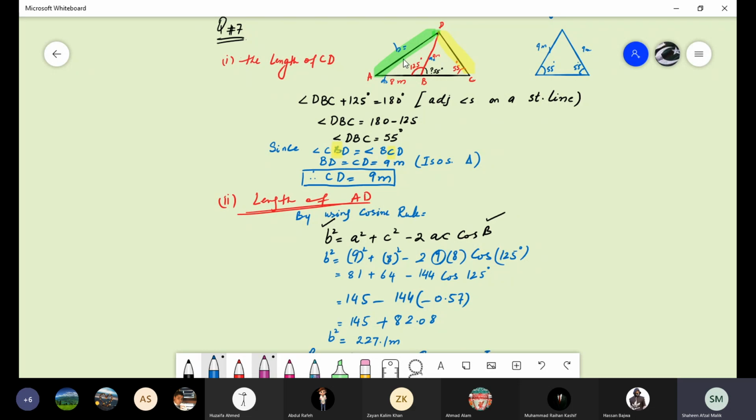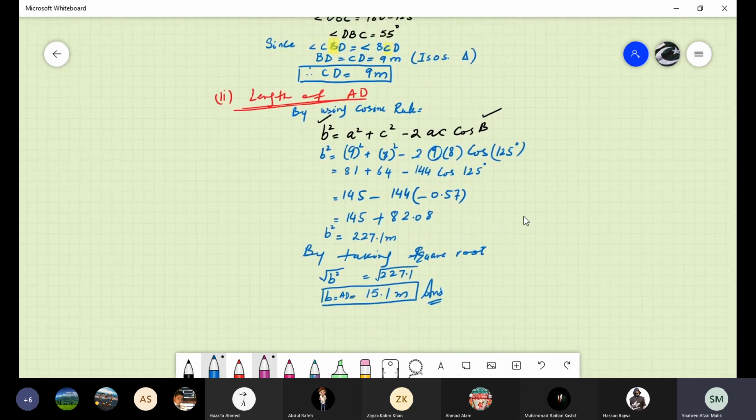Just label the sides and use the cosine rule. We want to find side B, and A and D are given. The included angle is 125. Just substitute the values in the formula and simplify.